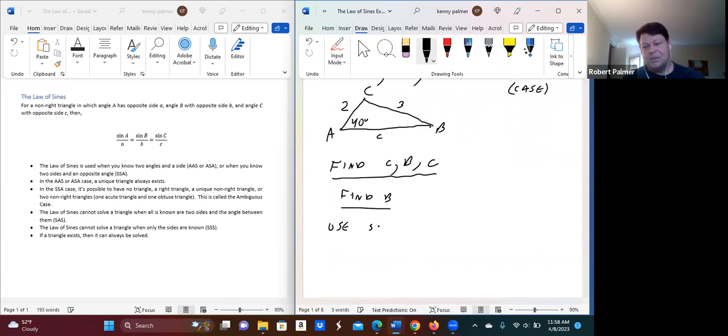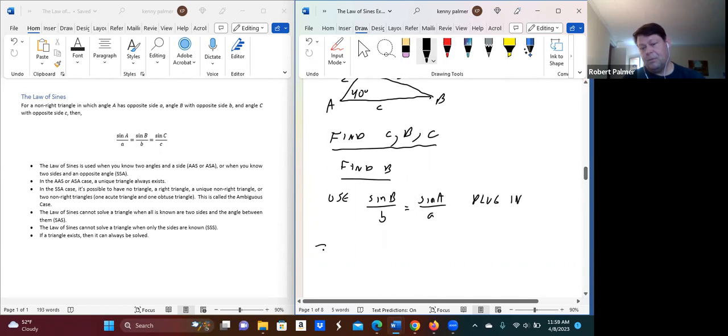So let's do the sine of angle B over side B is equal to the sine of angle A over side A. I'm having trouble writing the letter B sometimes. I apologize, it's hard writing today. Okay, so let's plug in everything.